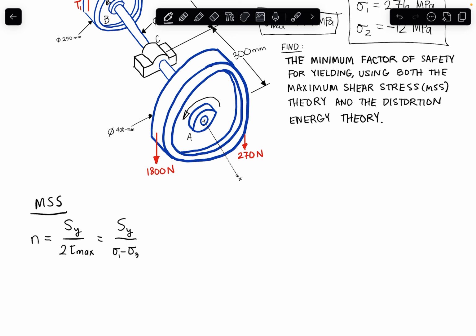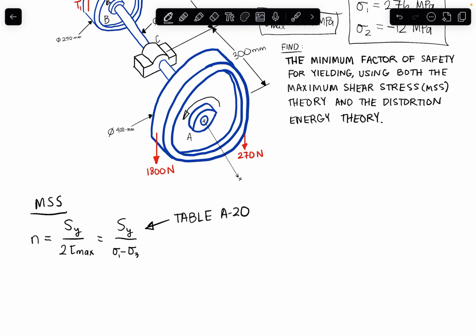But in any case, we are going to need the yield strength and the maximum shear stress, or the yield strength and the first and third principal stresses. So let's solve it both ways. But first, we're going to need the yield strength. And to get this, we need to go to table A-20.